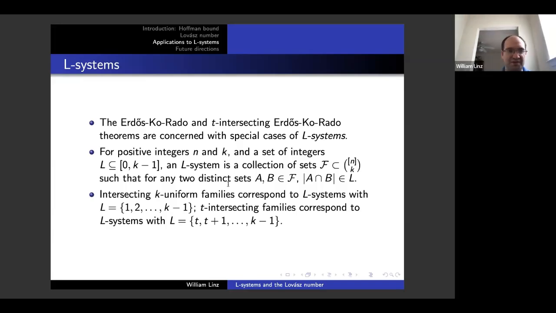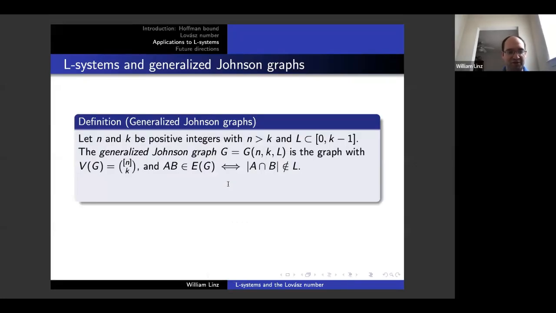So that's what L-systems are, and we can do a similar thing to what we were doing previously with Kneser and t-Kneser graphs, and define what I'm going to call generalized Johnson graphs. Again, n and k are positive integers, and L is some set of integers between 0 and k minus 1.